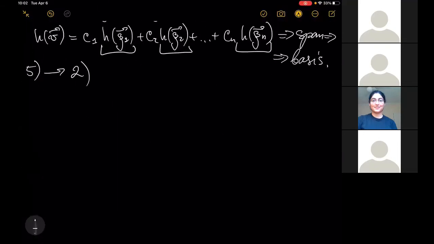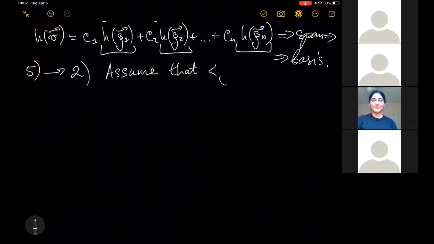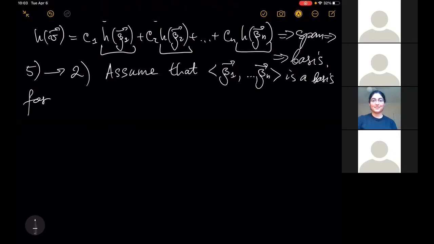Let us assume that beta 1, ..., beta n is a basis for V, the domain of the homomorphism.